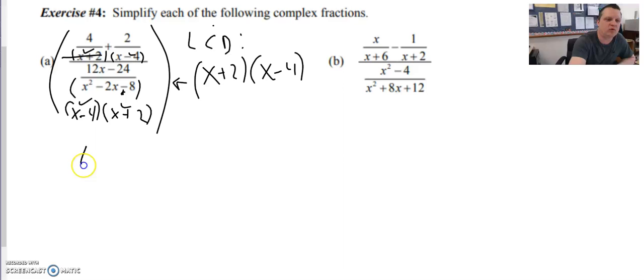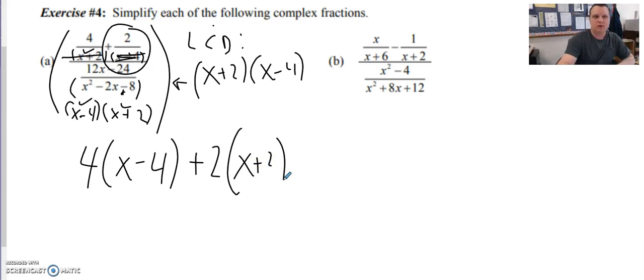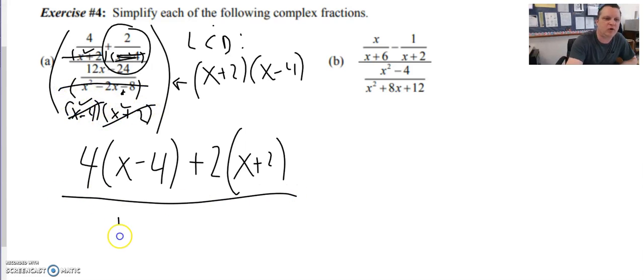I'm left with an x minus 4. 4 times x minus 4 plus 2, because that's right here. X minus 4 cancels with the x minus 4. I have a 2 times x plus 2. The x minus 4 cancels. The x plus 2 cancels. So that's all gone. This is all over 12x minus 24.